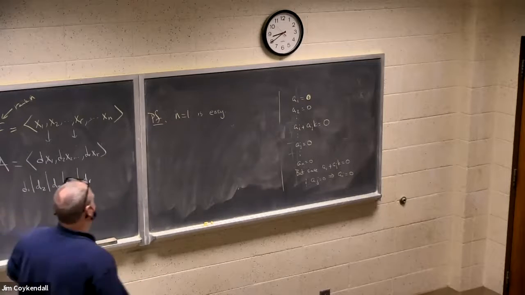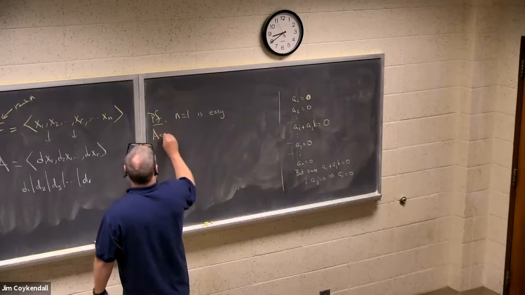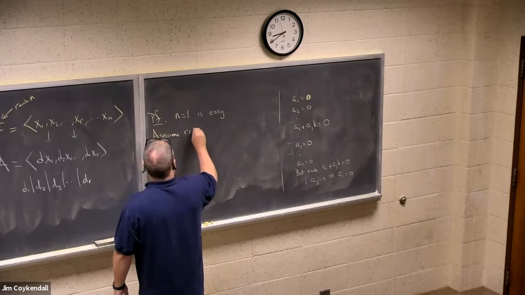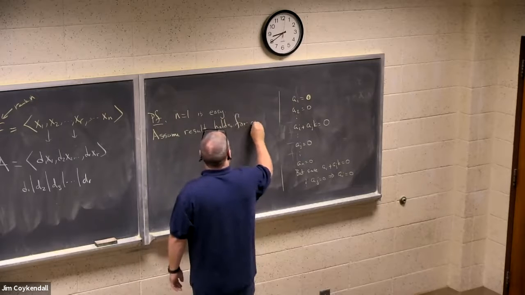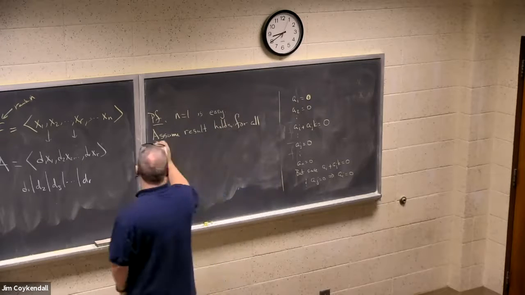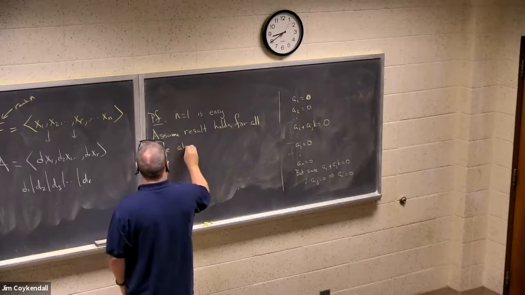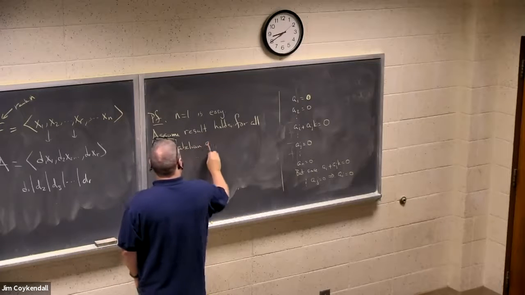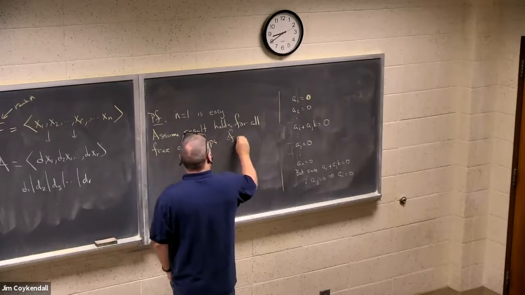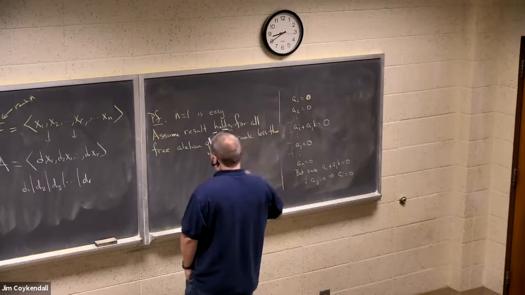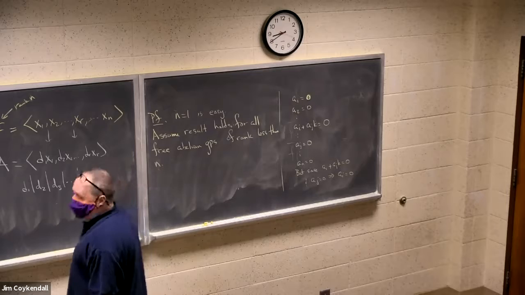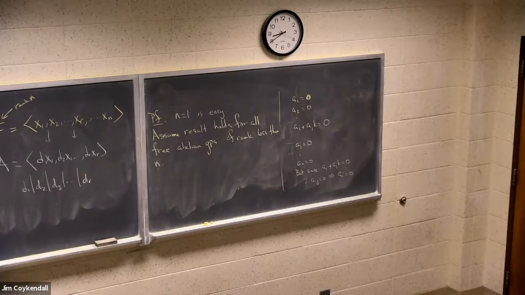We'll assume the result holds for all free abelian groups of rank less than n. And so we're going to try to finish an induction by showing that it now works for groups of rank n.